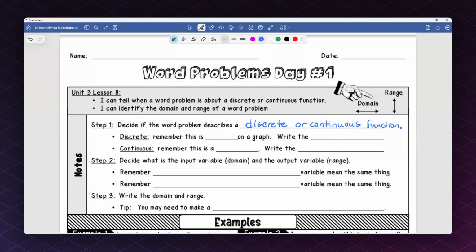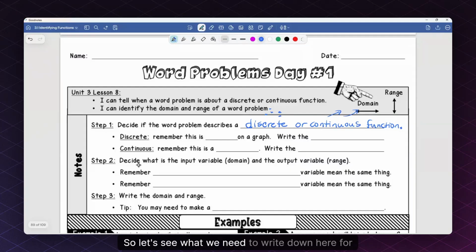So remember, discrete is going to be like dots on a graph, okay? That would be discrete. It's certain pockets of information. Continuous means that we could draw it like a line or we could draw a curve. So continuous, you can have partial values.